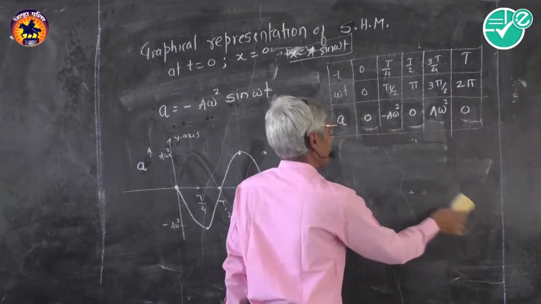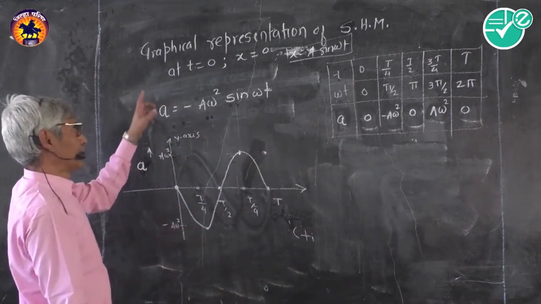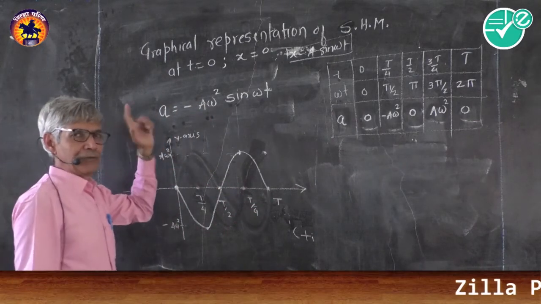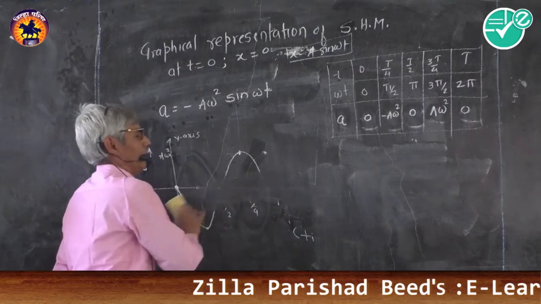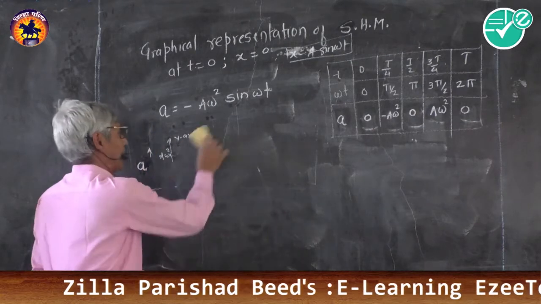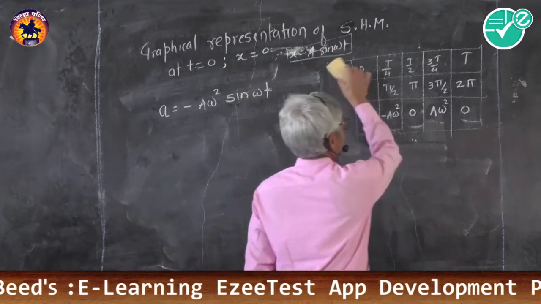Similarly, we can draw the different curves showing the variation of the displacement, velocity and acceleration with respect to time when the particle starts its S.H.M from the positive extreme position.